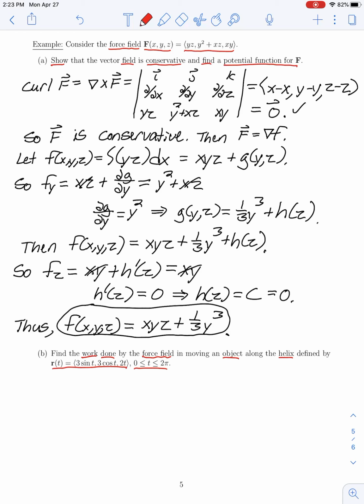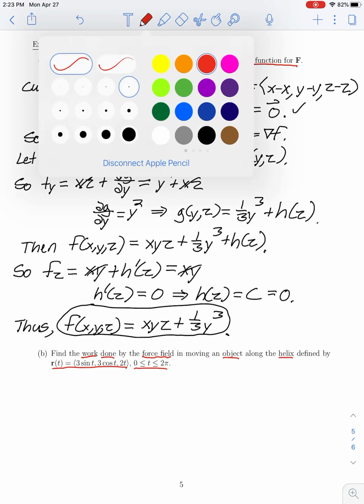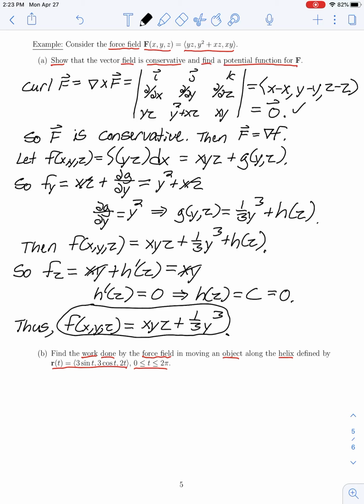So here we know that the work done by a vector field or a force field in moving an object along a given curve is found by taking the line integral of that vector field over that curve. But rather than evaluating this line integral directly, since we've shown in part A that this vector field is conservative, we can make use of the fundamental theorem for line integrals. It makes evaluating this line integral much easier.